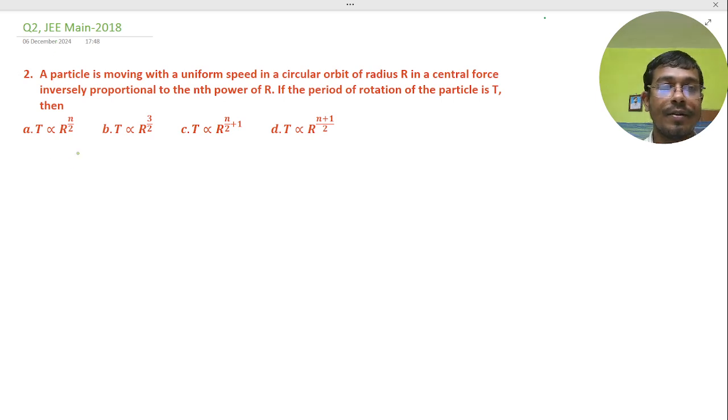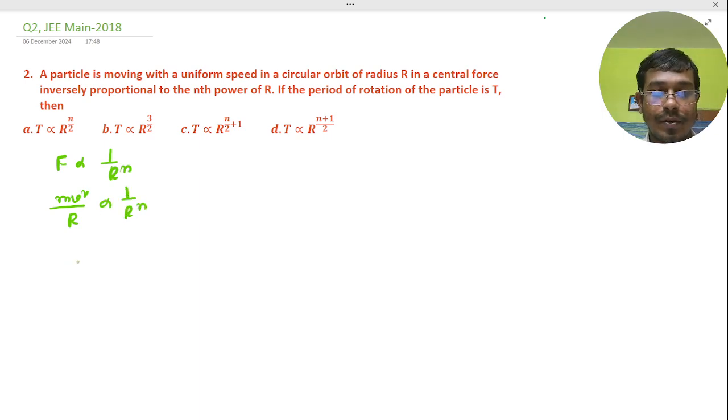So here it is given inversely proportional, basically F is proportional to 1 by r to the power n. So F would become mv square by r, which is proportional to 1 by r to the power n. So here we get v proportional to 1 by r to the power n minus 1 by 2.